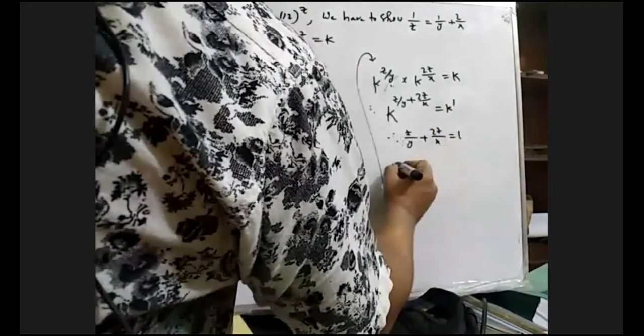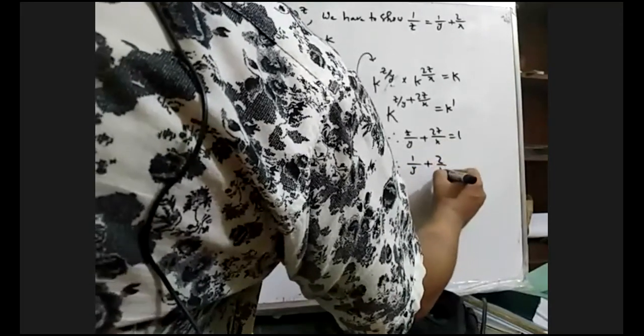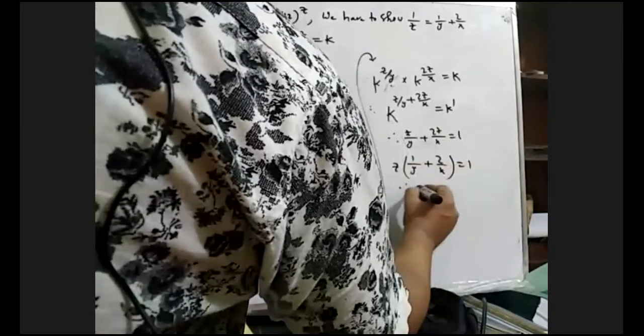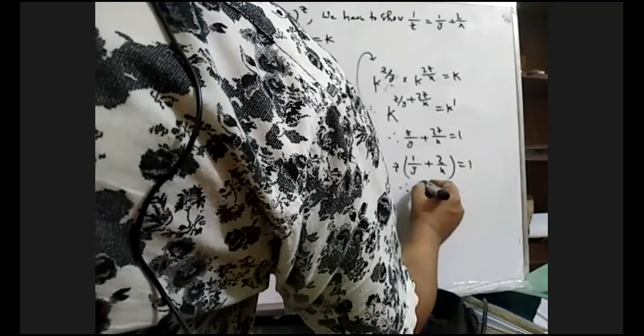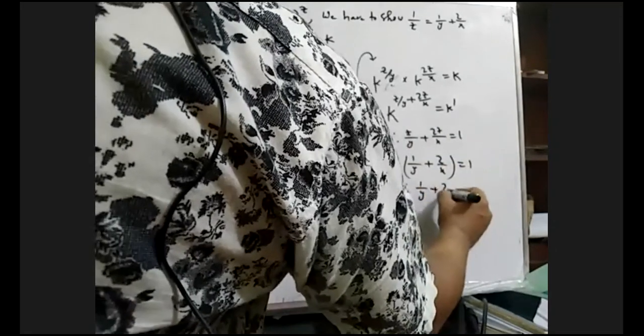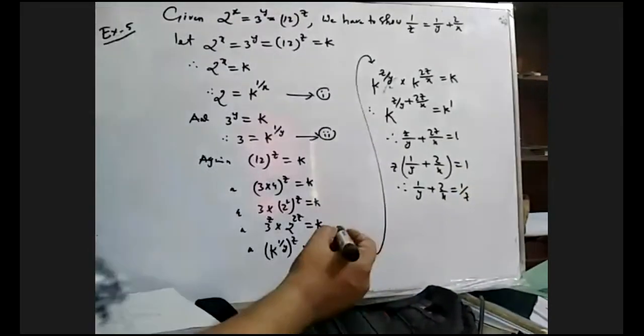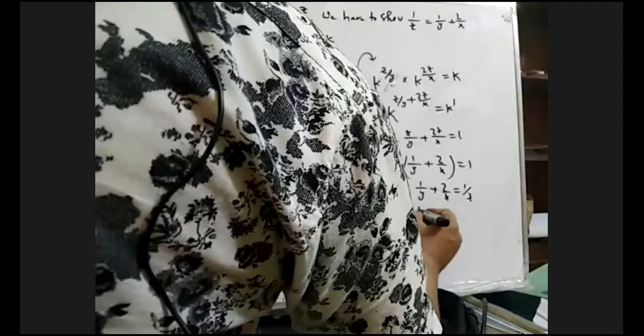Okay. So z will be common, 1 by y plus 2 by x. Z will be common. This equals to 1. Therefore, 1 by y plus 2 by x equals to 1 by z. Therefore, 1 by z equals to 2 by x plus 1 by y. Proved.